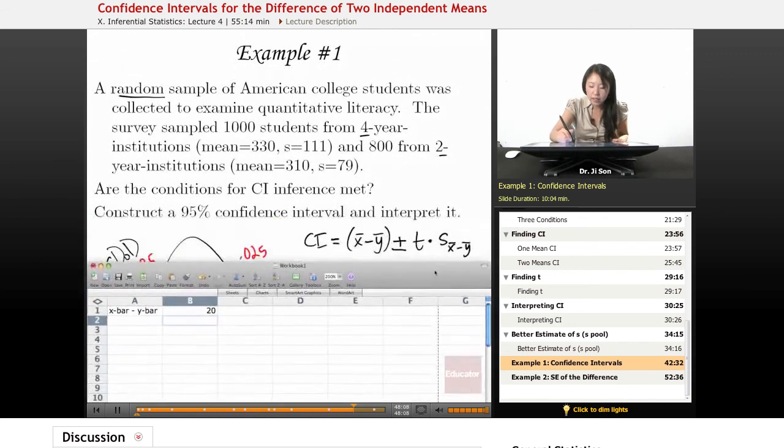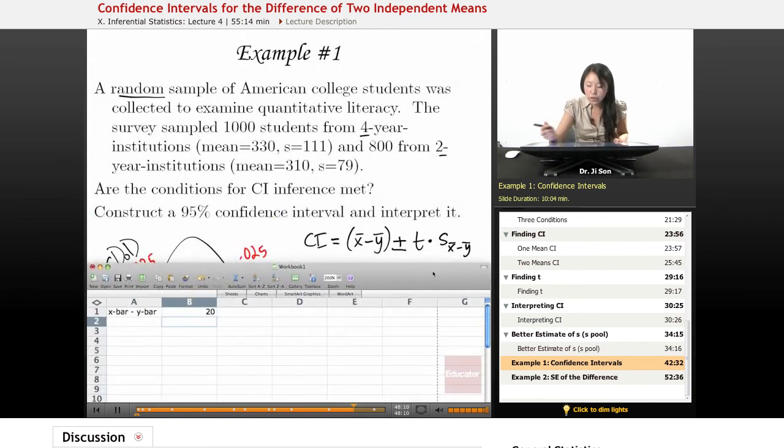And let's also, while we're at it, try to figure out the standard error, which is S sub x bar minus y bar. Sorry, this is terrible, but hopefully you know what I'm talking about. So what I'm trying to do is find this guy.